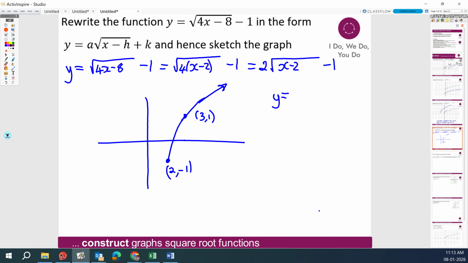If we have y equals f of x equals root x, then we have y equal to 2 times f of x minus 2, minus 1. So we can see here in general form, it doesn't matter what the function is, we have the same transformations that get applied. But it is not true for every function that this is equivalent to this.